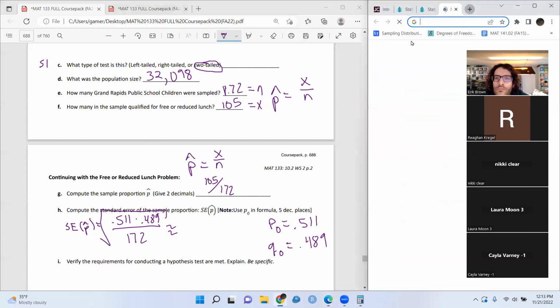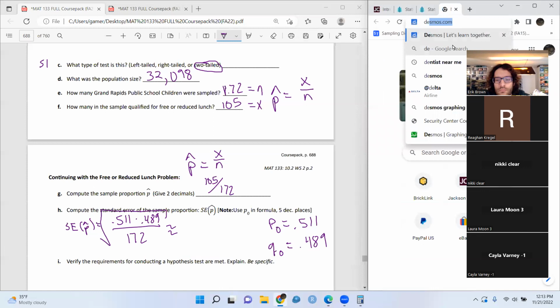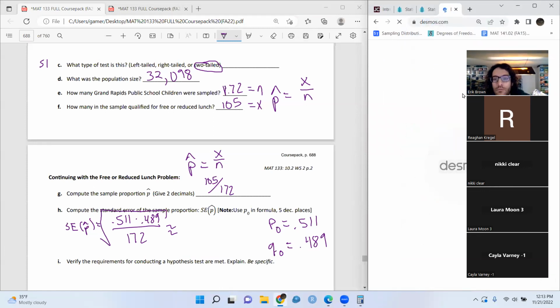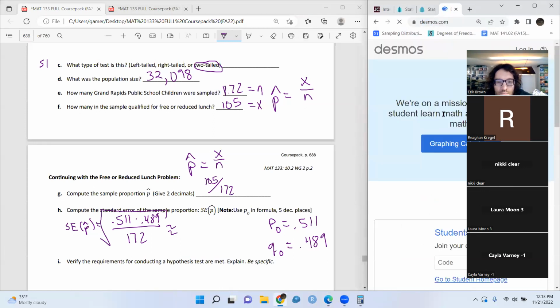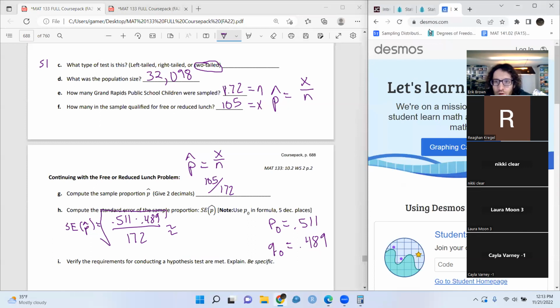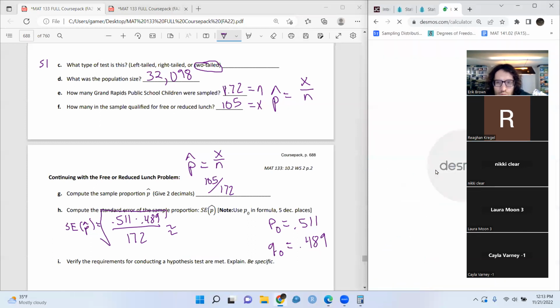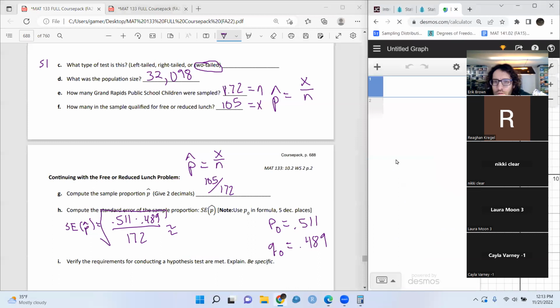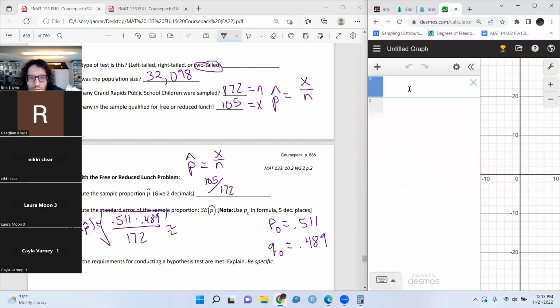I ended up subtracting that, so I'm reworking it. Okay, no worries. You did 1 minus 0.511, right? I did 0.511 minus the 0.489. So we're supposed to times it, not subtract it?